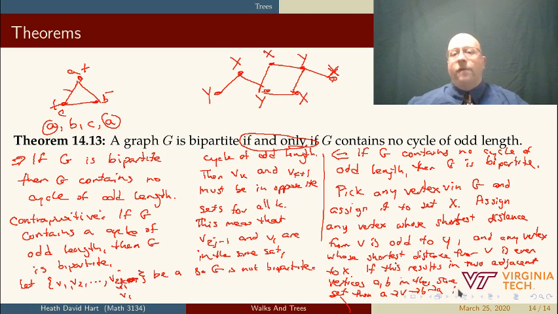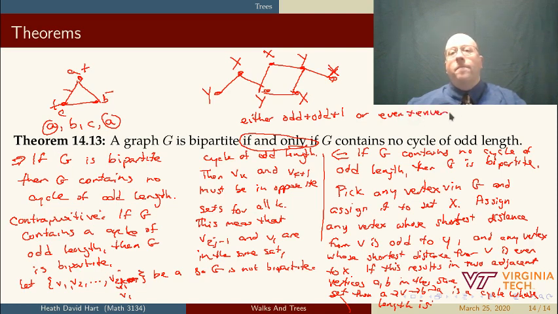Then it is a cycle whose length is, okay, I've got to go up here and finish this up, either odd plus 1, or even plus 1. Odd plus 1, or even plus 1. In either case, it's a cycle of odd length.